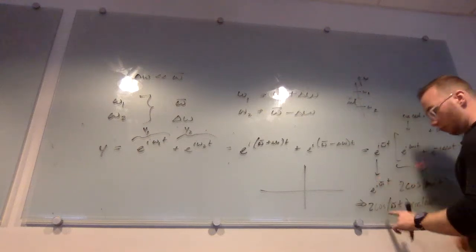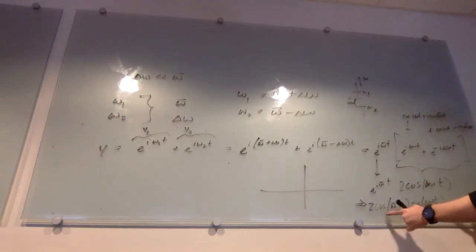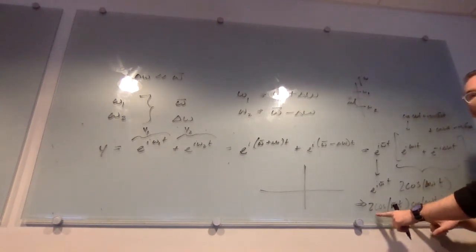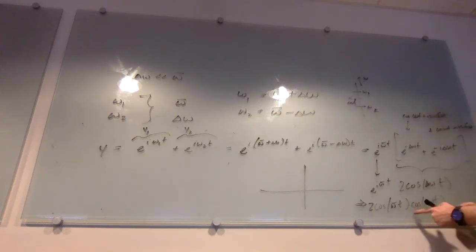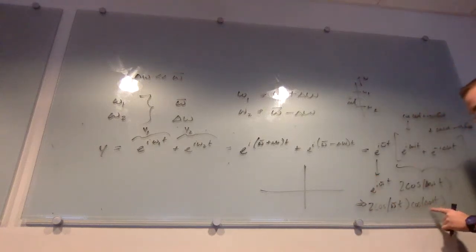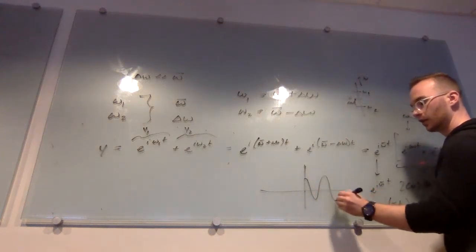That means that if we multiply these two together, we can sort of treat it like this wave bounded by this wave, right? Like I normally say the cosine goes from -1 to 1, but if you multiply it by a function, then it goes from whatever the max and min of this function is. So if we draw this cosine of delta omega t, then we get something like that.